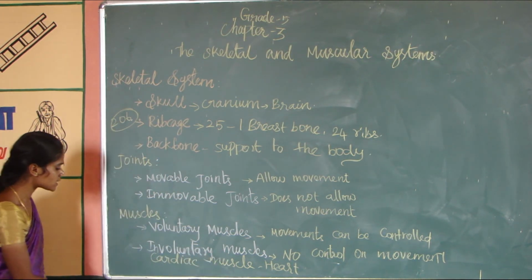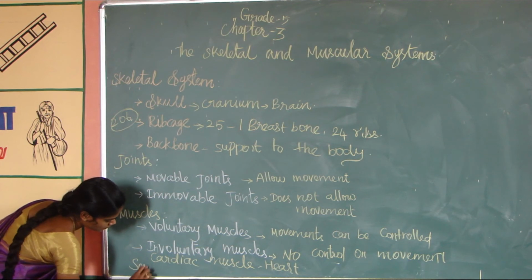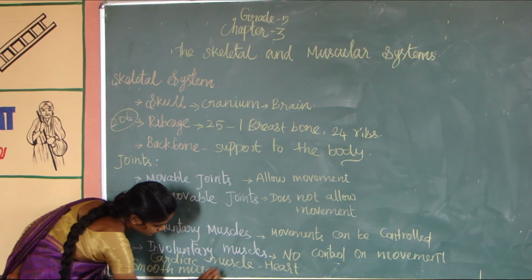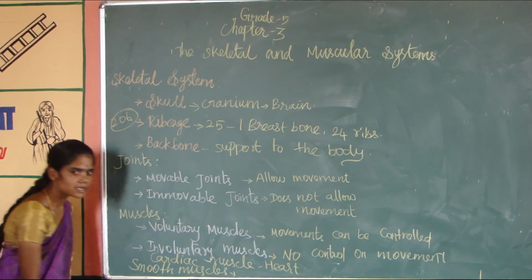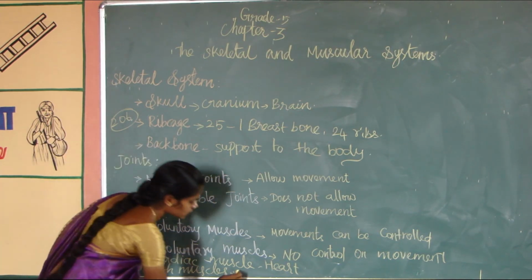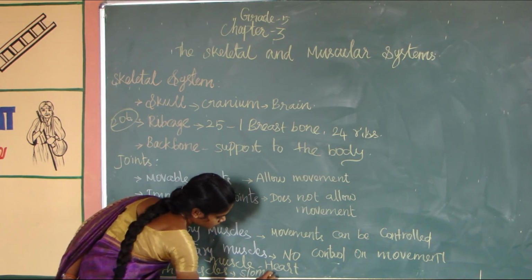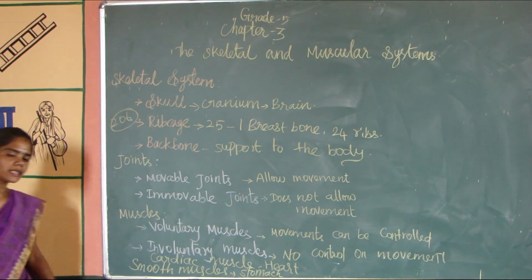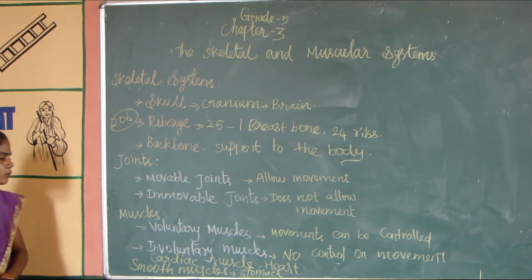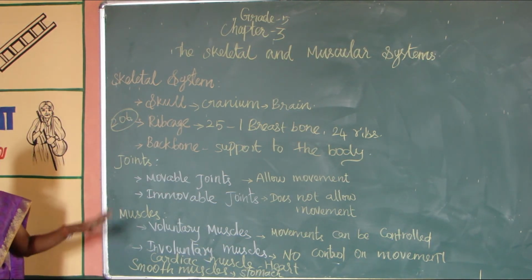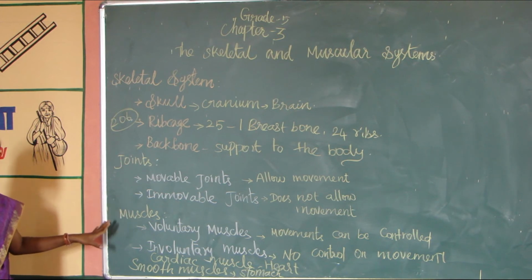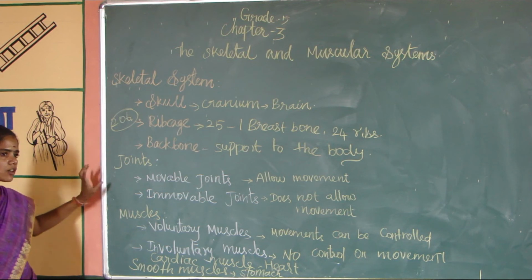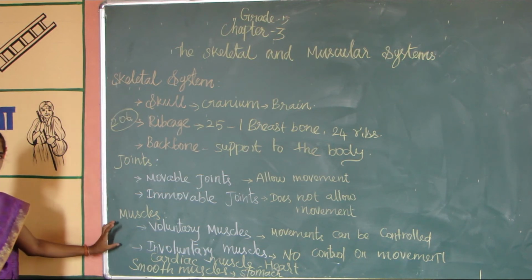And smooth muscles are present in our stomach and intestine. So here also we cannot control the movement. Okay, so this is about chapter 5. In this chapter we learned about the skeletal system, joints and muscles.